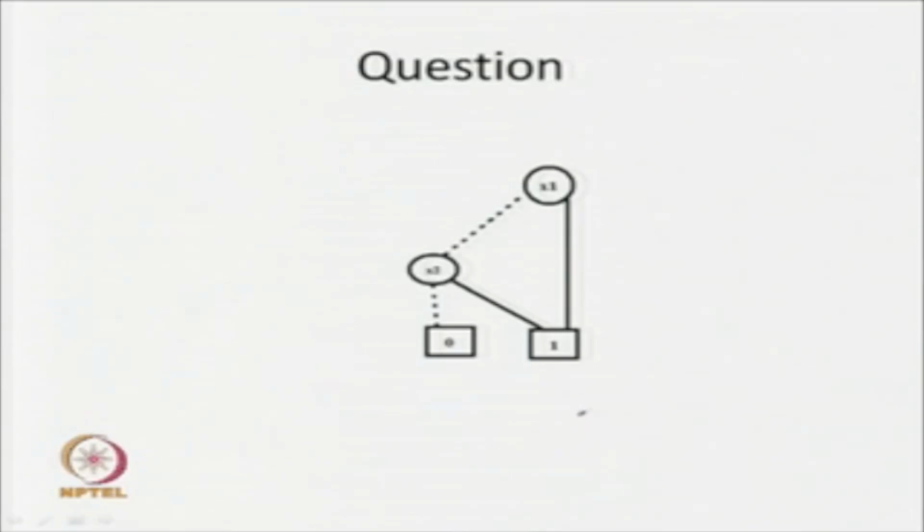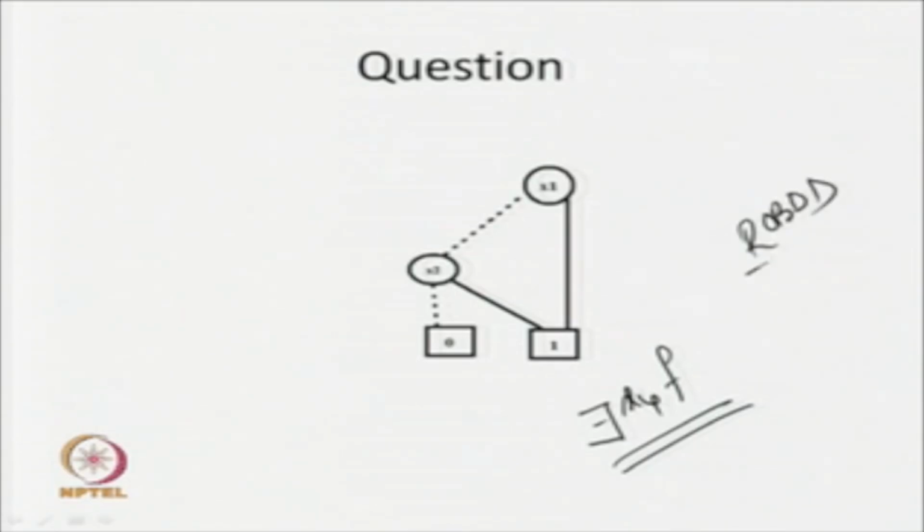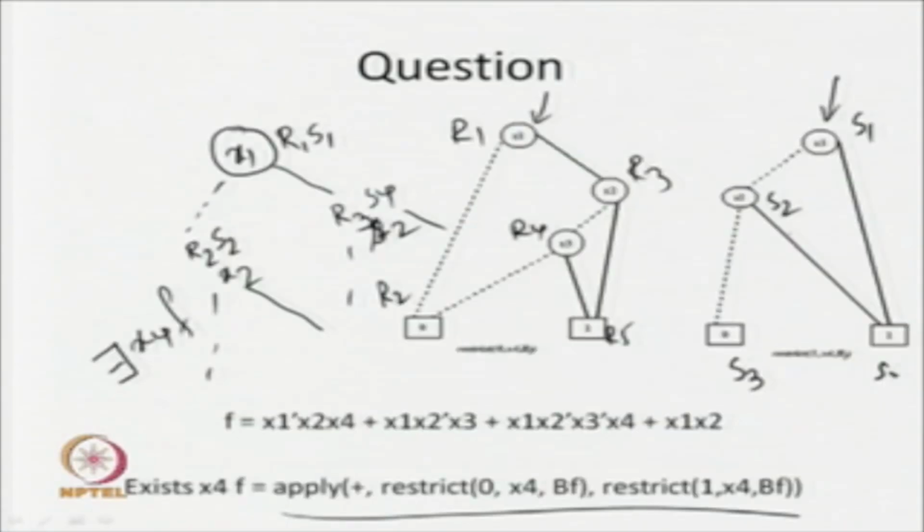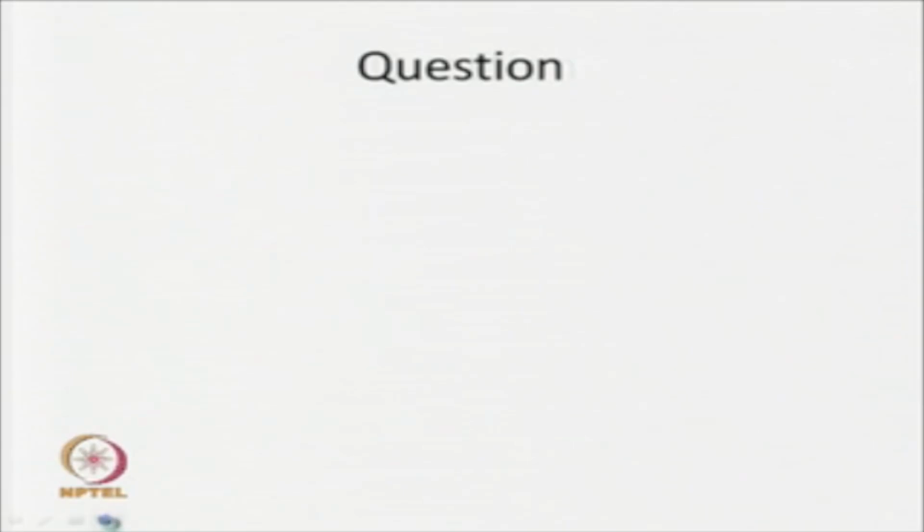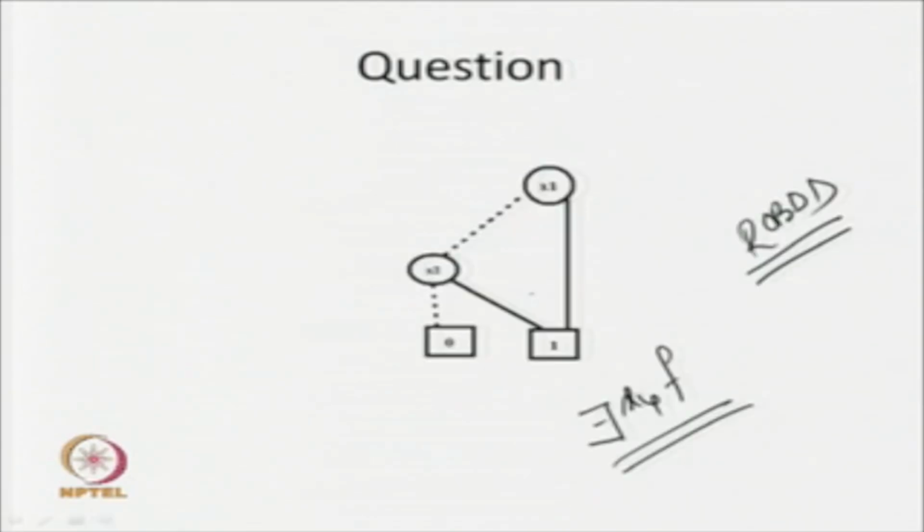You test it, that this is your there exists x4 f, the ROBDD representation of this given restriction, relaxation, there exists x4 f. So, what will happen after getting this BDD? You try to construct it, and whatever you get, you apply the reduce algorithm, and eventually you are going to get this particular ROBDD.